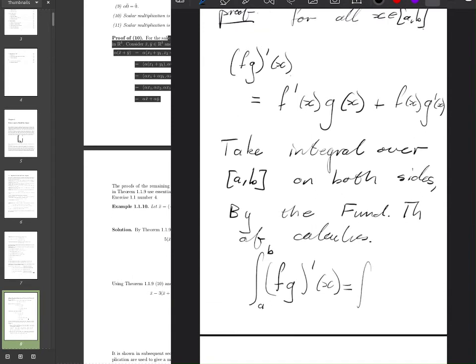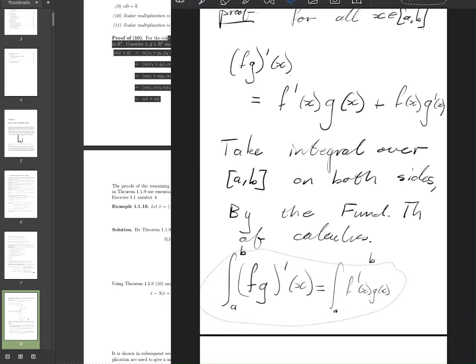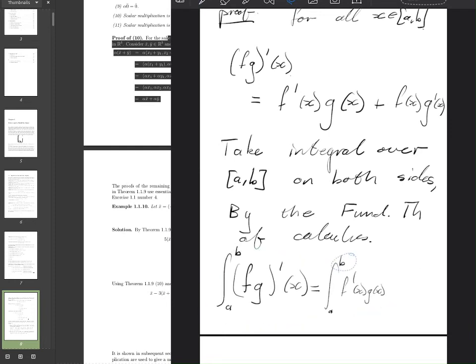We get the integral from a to b of f prime of x g of x, plus the integral from a to b of f of x g prime of x dx.